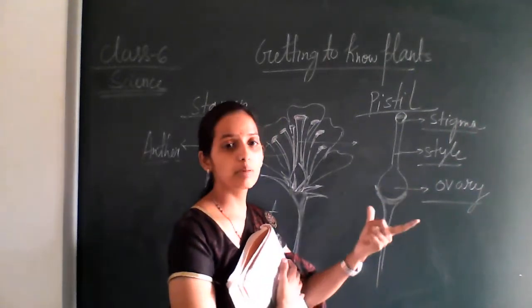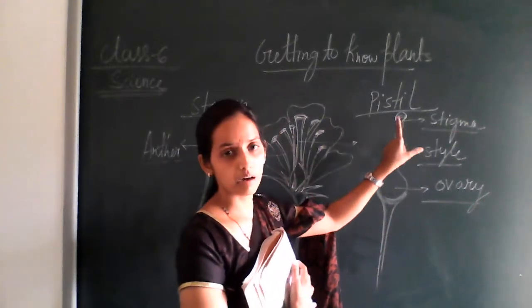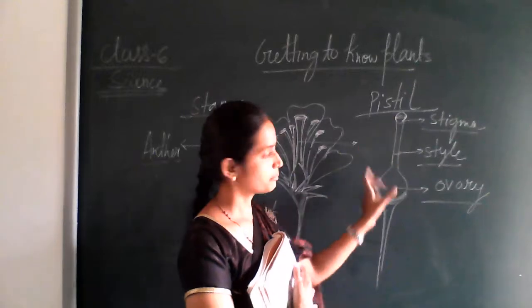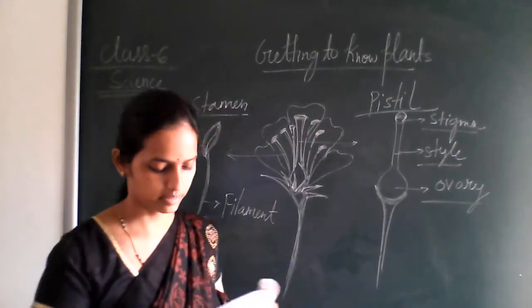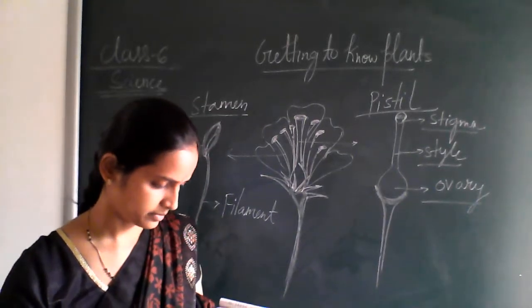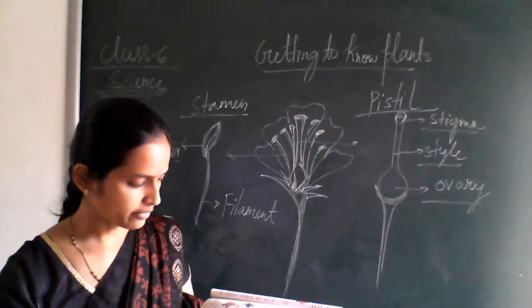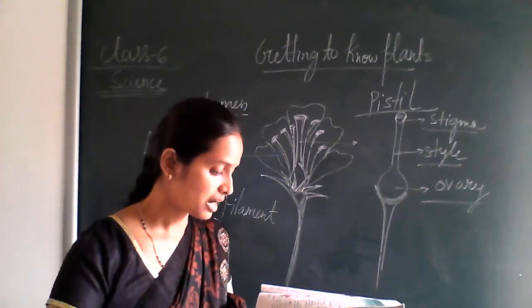This part is bulged, swollen, or big as compared to your stigma. At the top it is small, but at the lower part it is bulged or swollen. It is the lowermost swollen part of the pistil.